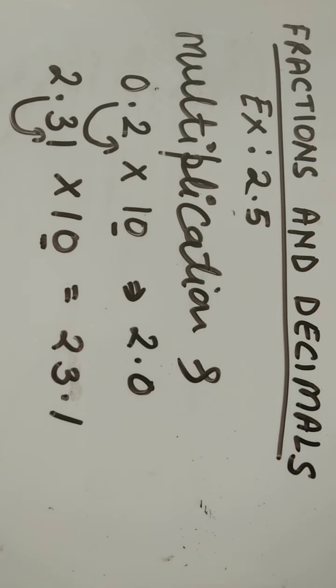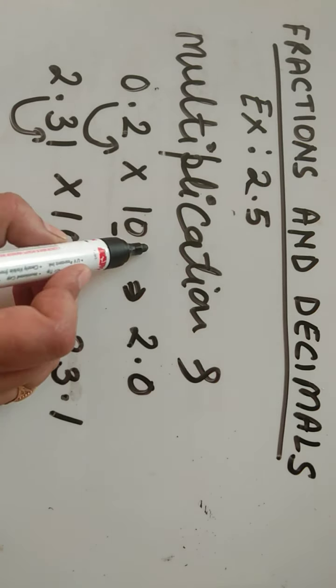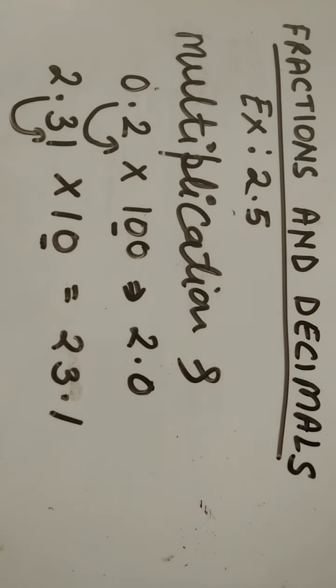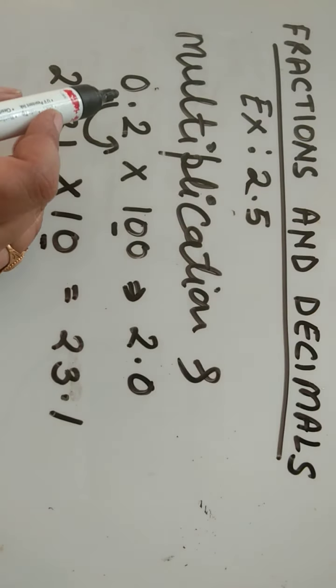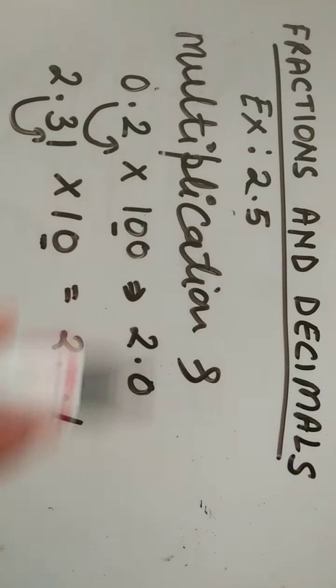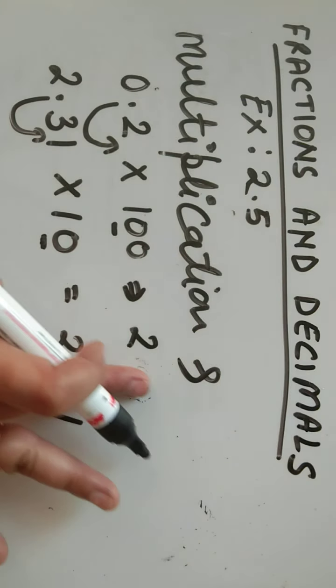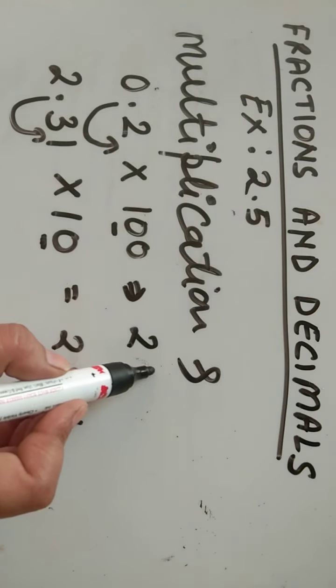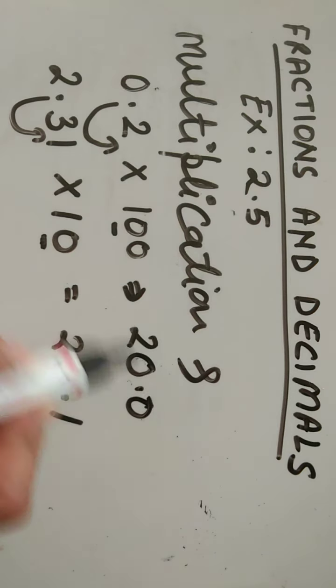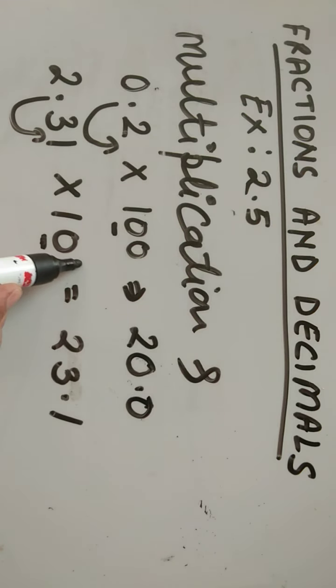Okay, now we will check multiplication by 100. If it is 100, this point will shift 2 places, which means for 0.2 the result is 20.0. For 2.31, if it is 100, it will shift 2 places, so you get the answer 231.